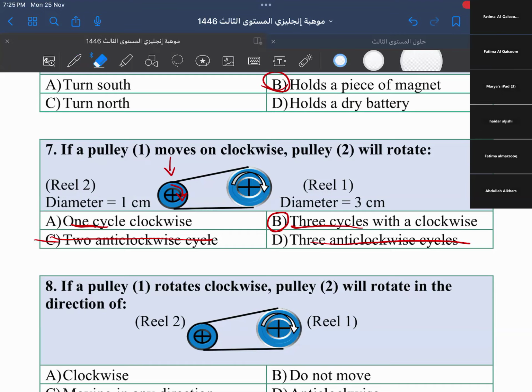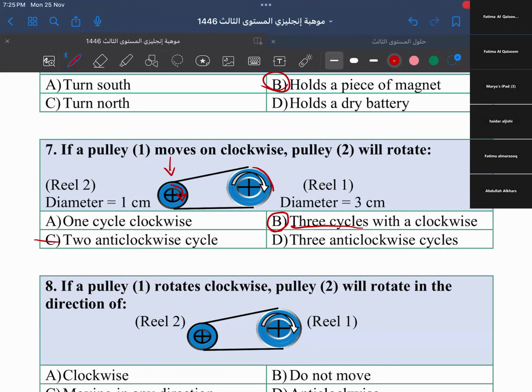So basically it's because of the diameter: it's bigger in pulley 1 and smaller in pulley 2. Imagine going around a roundabout on the road. If it's really big, like the one in Sehat, you need a long time to go from one point to another.